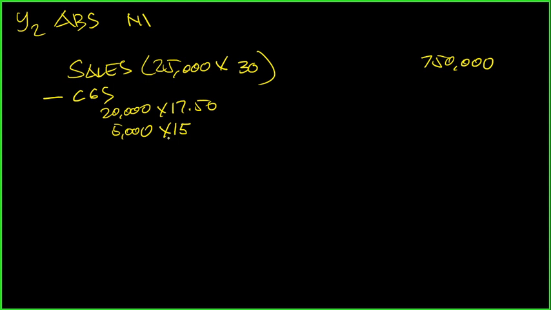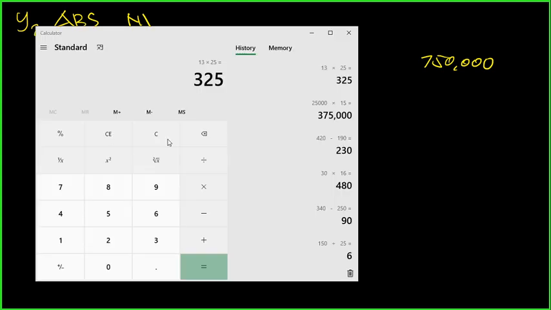Okay? I suggest before you continue, pag di mo naintindihan tong part na to, you pause the video and then you go back to your notes. Or you just rewind the video, and then you come back to this section. Anyway, so you have 20,000 times 17.5. Magkano po yun? 20,000 times 17.5.